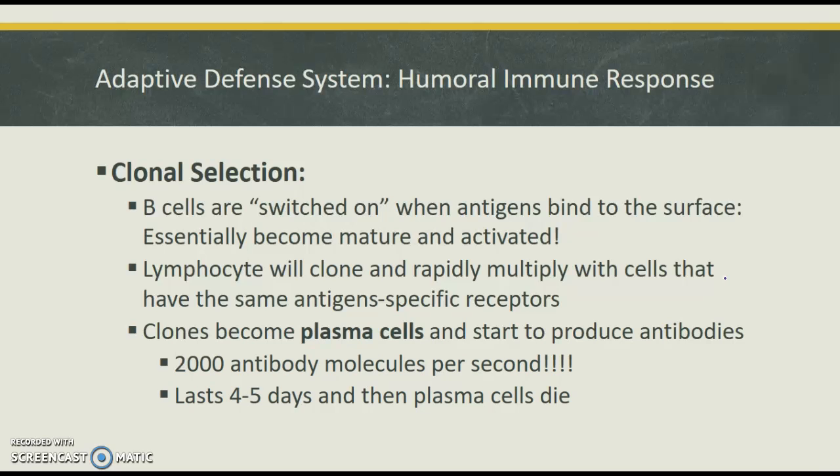These clones now become what we call plasma cells, and these plasma cells start to rapidly, and I mean rapidly, produce antibodies. They can produce up to 2,000 antibodies a second, and this lasts for 4 to 5 days, and then the plasma cells die. So basically, once a B cell comes into contact with a foreign invader, it just goes nuts and starts creating antibodies like crazy.